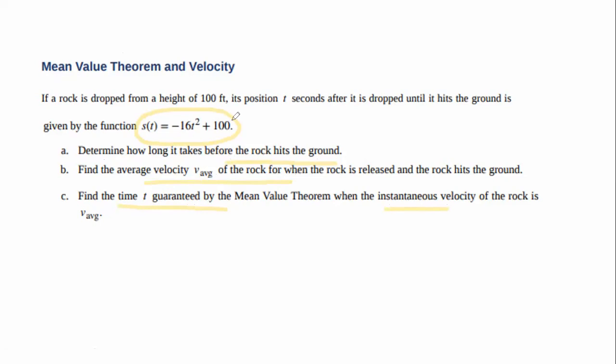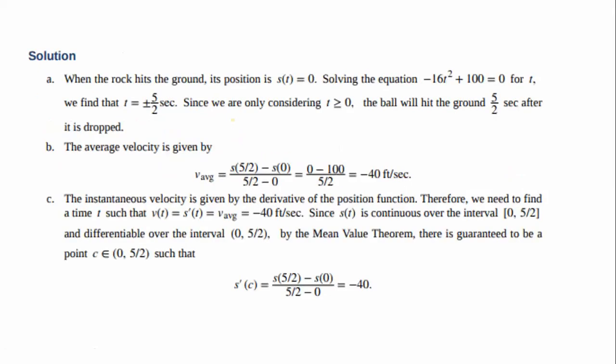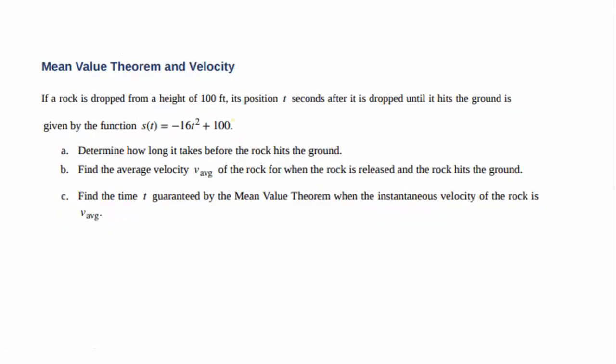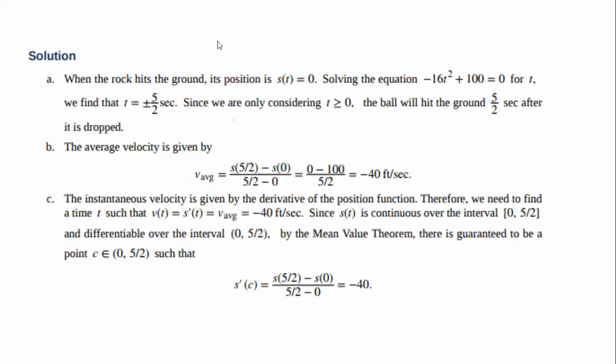Okay, so first start with how long it takes before the rock hits the ground. My function is minus 16 t square plus 100. To find the value for time, always remember that my distance function s of t equals 0.